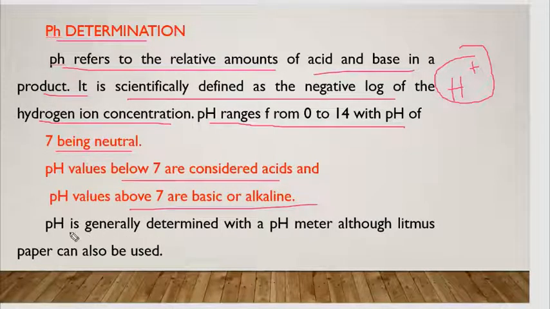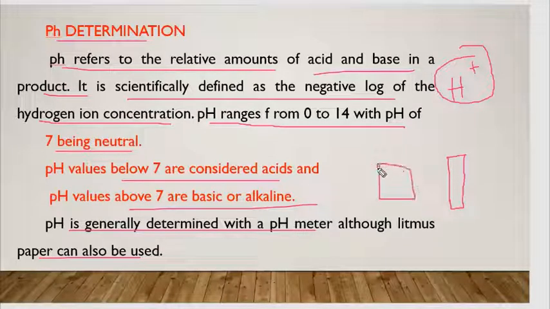pH is generally determined with a pH meter, although litmus paper can also be used. We usually use litmus paper in chemistry labs. It is made of a special material. Whenever you dip it in a container containing a liquid, which may be an acid, a base or normal water, the color will show according to the acidity or alkalinity of the liquid.